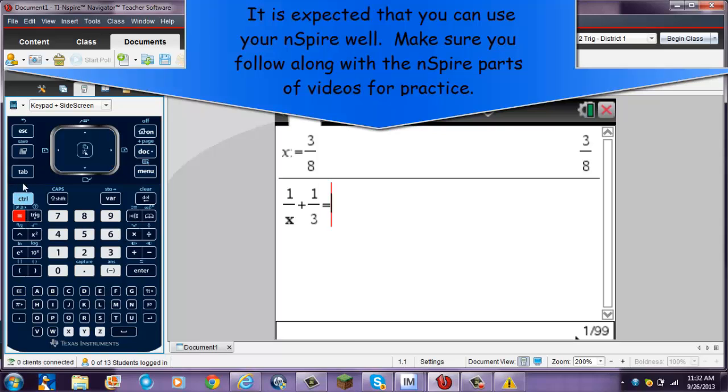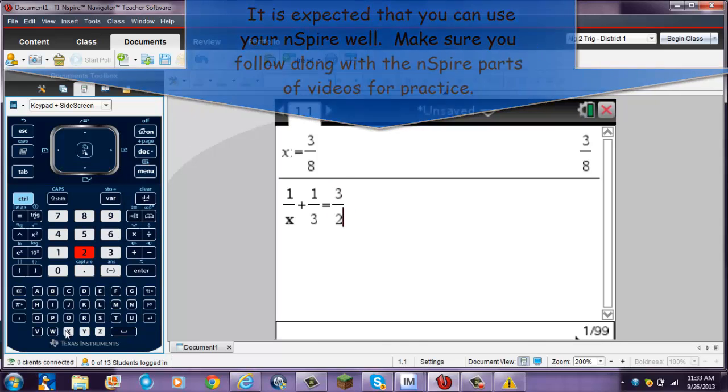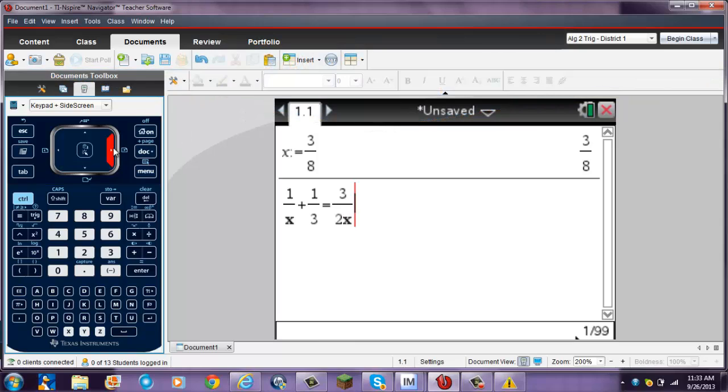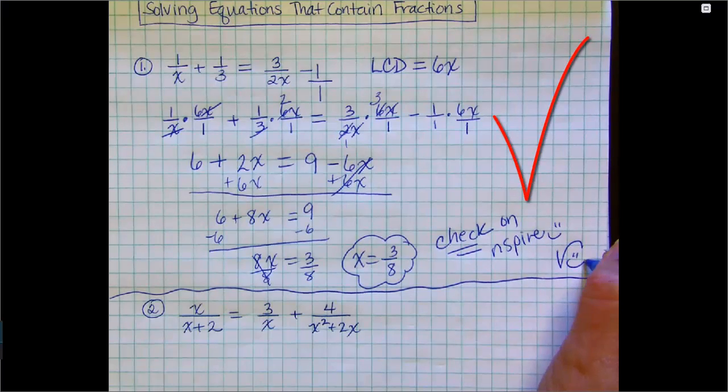Remember, when you're checking in equals, you use the equal to sign that's under the control button. As soon as you push enter, you get true, which means it checks.